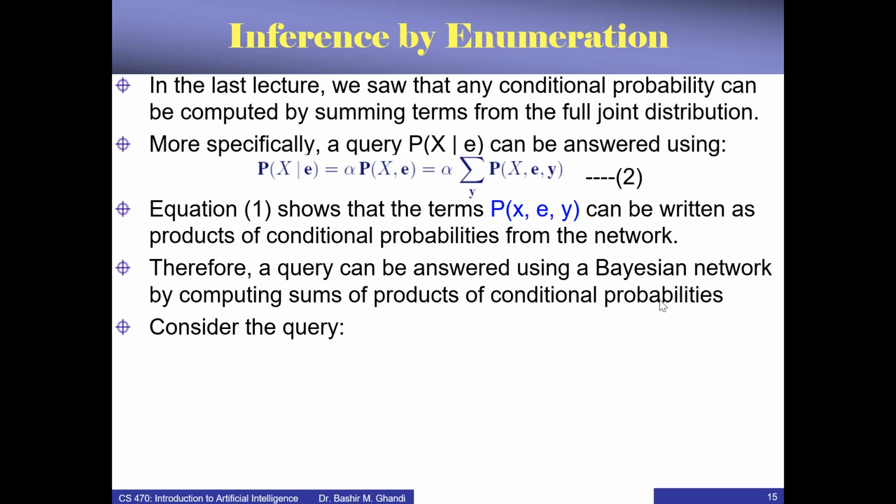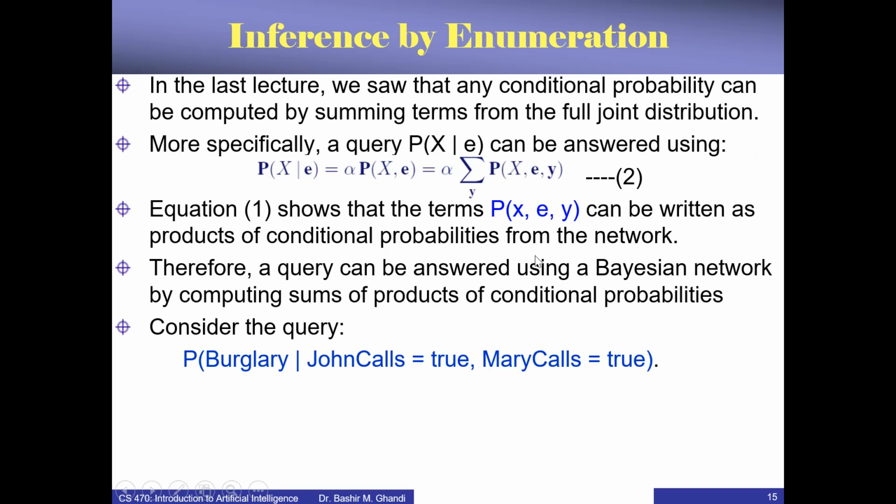So consider this query. What is the probability of burglary occurring given that John calls is true and Mary calls is true? Here we have to try and identify what is the query variable, what are the evidence variables, and what are the hidden variables. Once you are able to identify those, then we will be able to use equation 2 to answer this query.